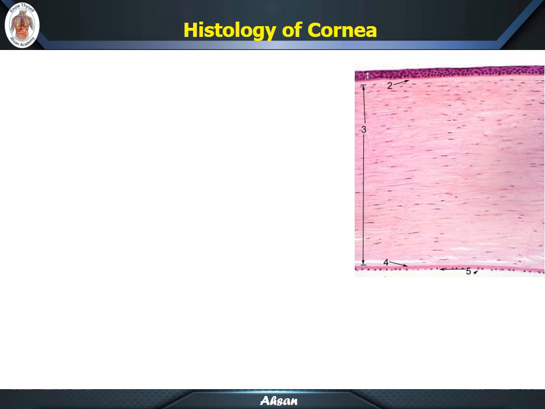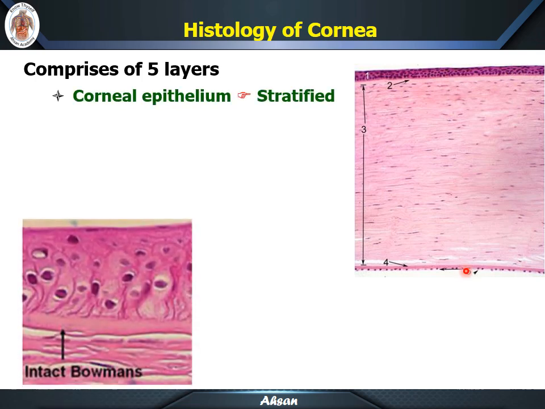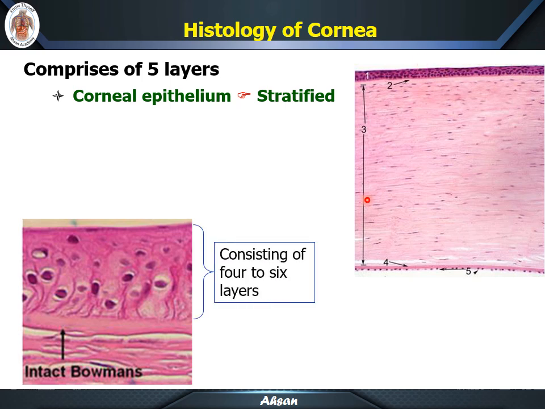Histologically, it comprises several layers. We can start from outside. Outermost is the epithelium. You can see this is the outer layer, and it comprises a multilayer stratified epithelium.